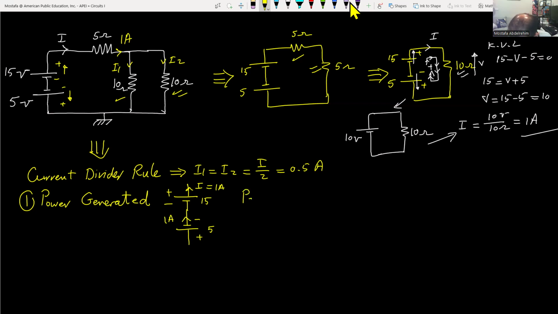So the power generated is equal to 15 multiplied by 1. The bigger battery matches our assumption. Our assumption is that the current and the voltage are in the same direction. So that's okay.